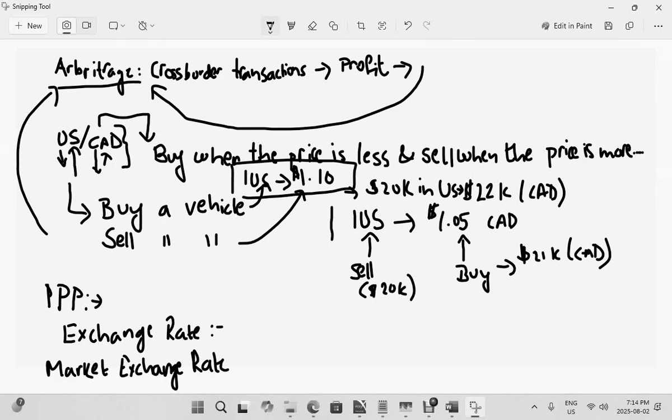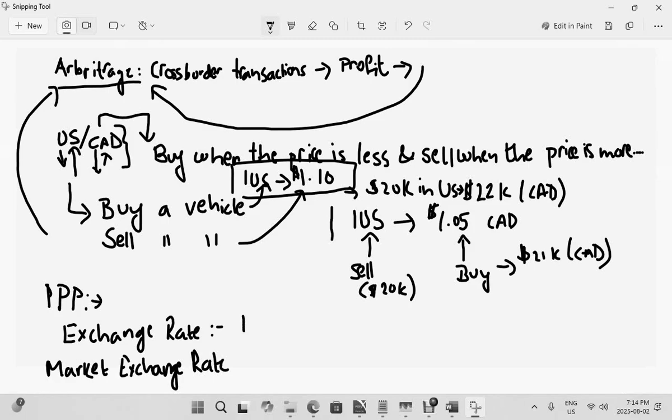In a regular exchange rate, a domestic currency is compared against a foreign currency.